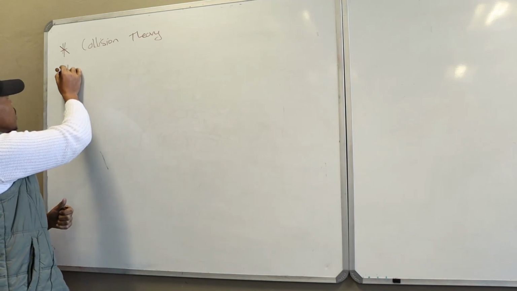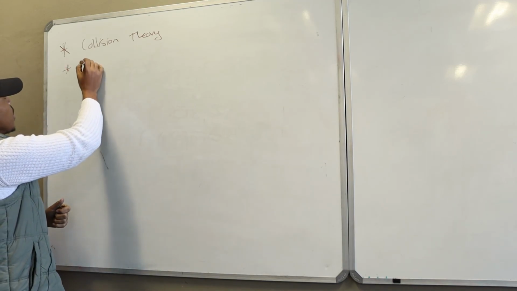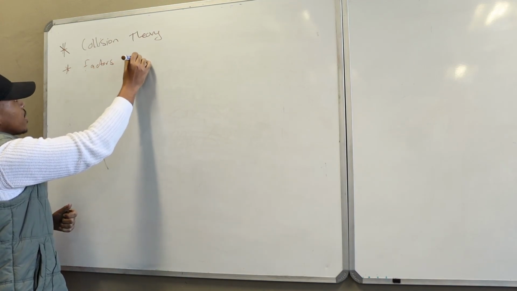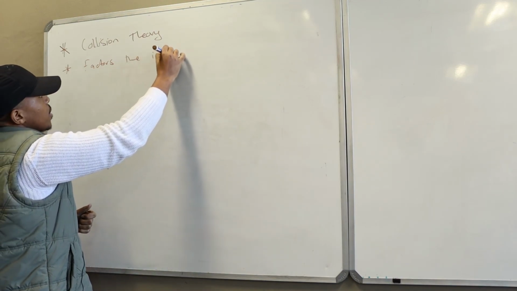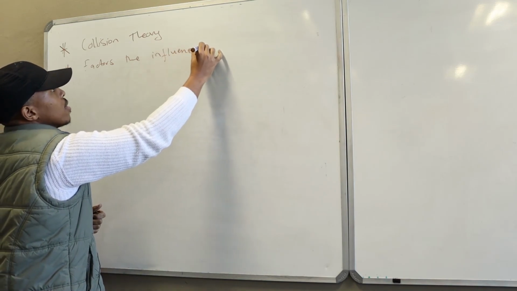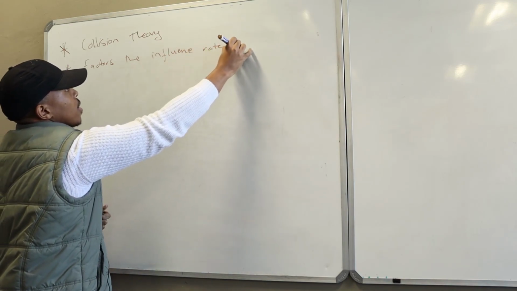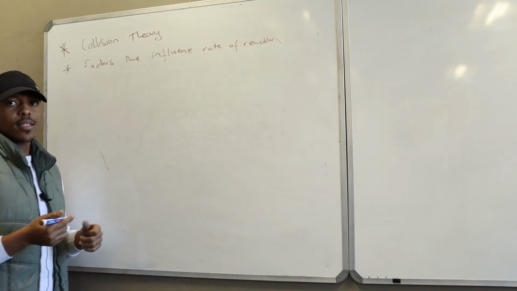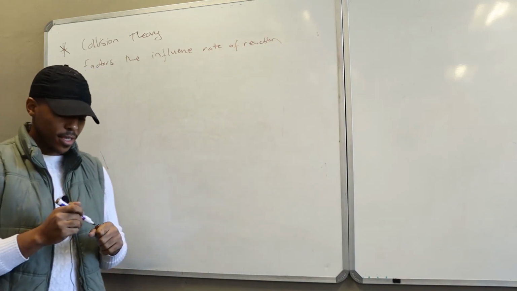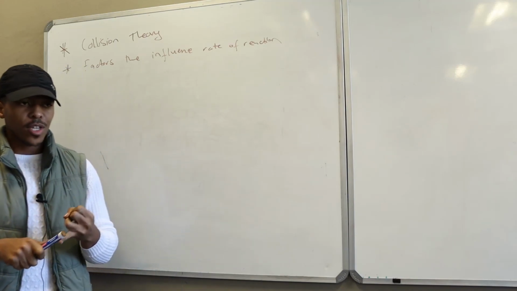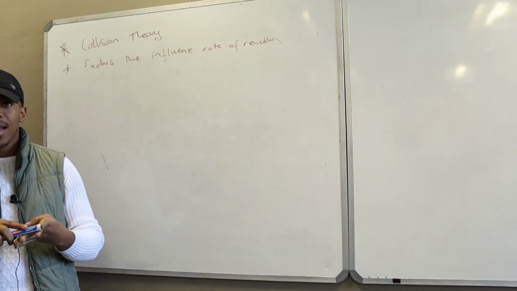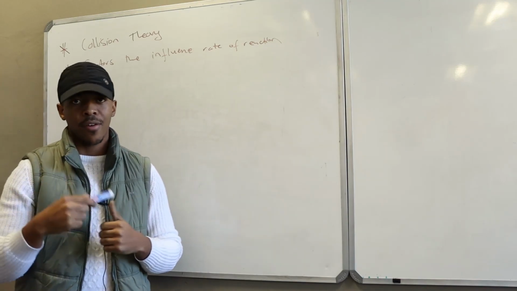Secondly, what did we do? We did the factors that influence the rate of reactions. We discussed them. There are about 5 to 6 factors. So we have concentration, temperature, pressure, nature of reactants, and surface area, right?